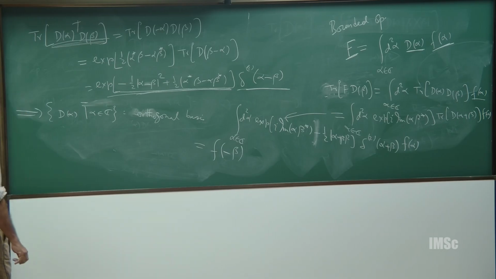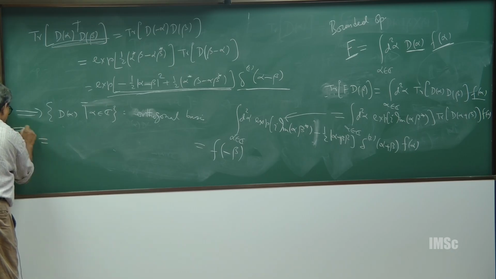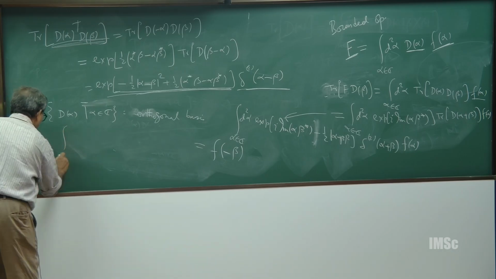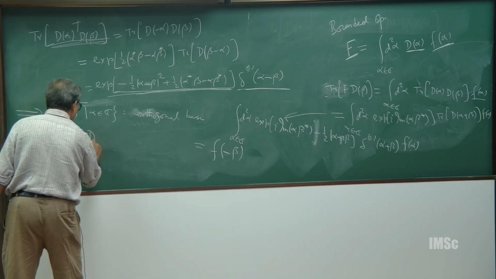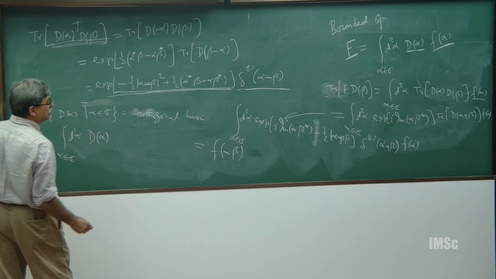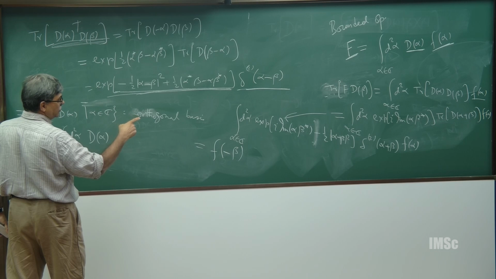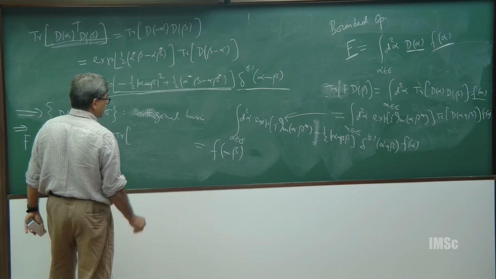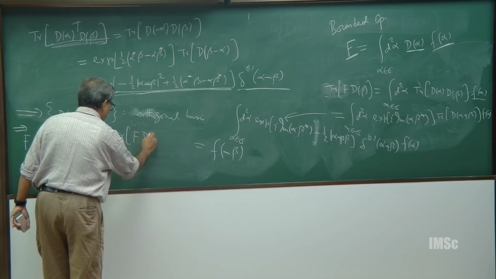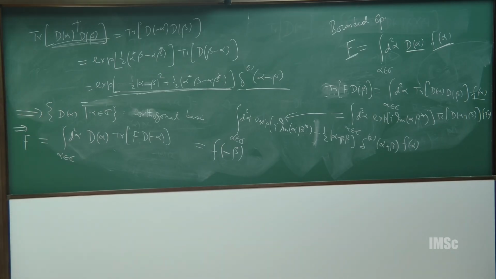So as a result you see that f, therefore f is equal to the integral over alpha belonging to C, d square alpha, D of alpha, then f of alpha is this. So what is that? This should be the trace of f times D of minus alpha, okay, right.